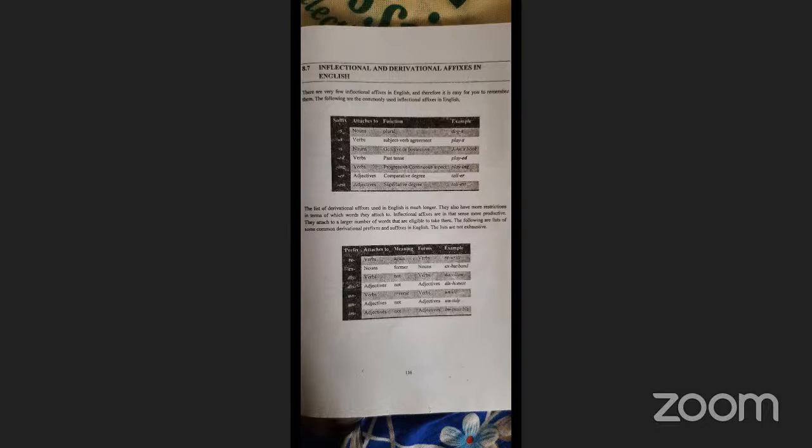Is it making sense? Yes, sir. So how many methods of word formation have we discussed so far? Borrowing is one. Then clipping.